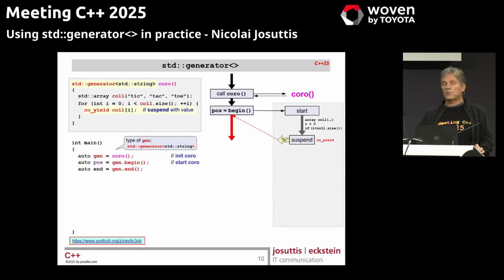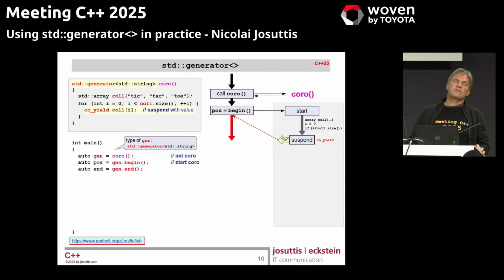And now we have the return value of the suspension, and that is a coroutine iterator, and that iterator holds the value. It's not the value itself, because when we iterate, we always have the position of the value, an iterator, and then with star we get the value. One thing we have to check: are we at the end? Did we get anything back?